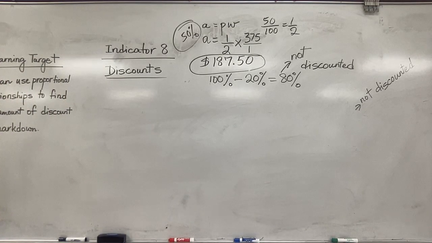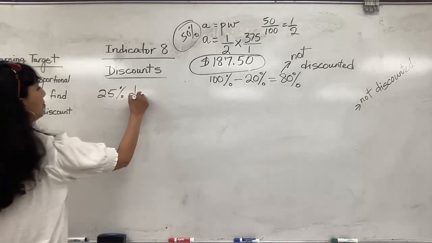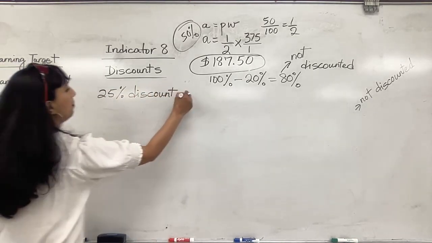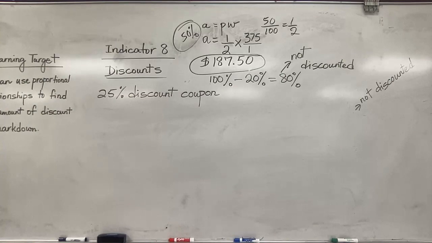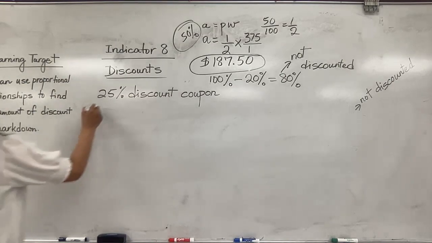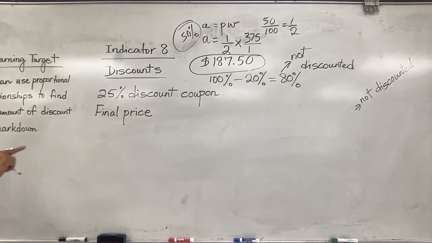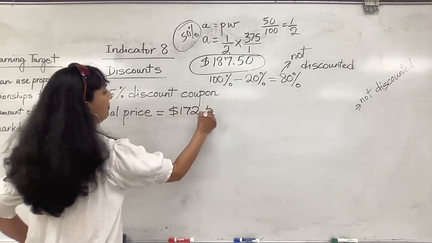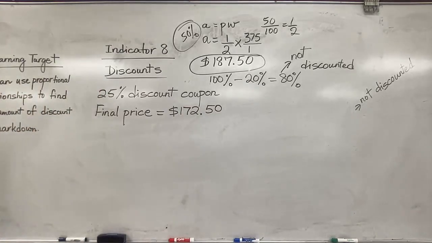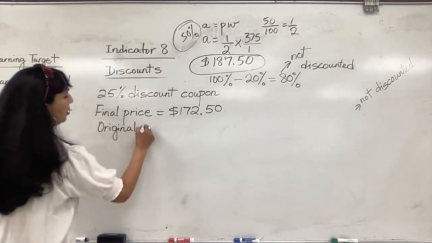If Sandy had a 25% discount coupon for athletic equipment, okay, 25% discount coupon, and then she buys hockey equipment for a final price. Final price. She buys it for a final price of $172.50. What is the original price? What is the original price?